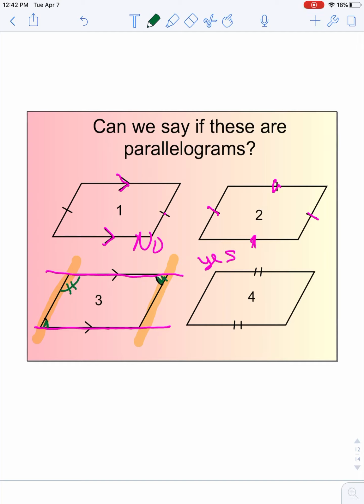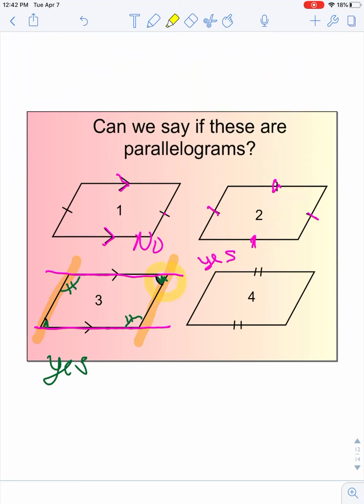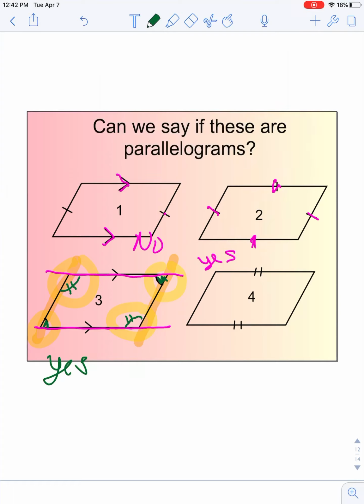Well, if these two angles are the same, then this angle will also have to be supplementary to this, and since they're both the same, then those two supplementary angles would also be the same. So now we actually can say yes, because what we have here is both pairs of opposite angles are congruent.